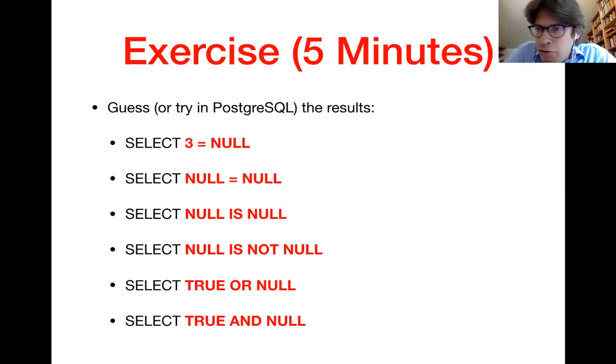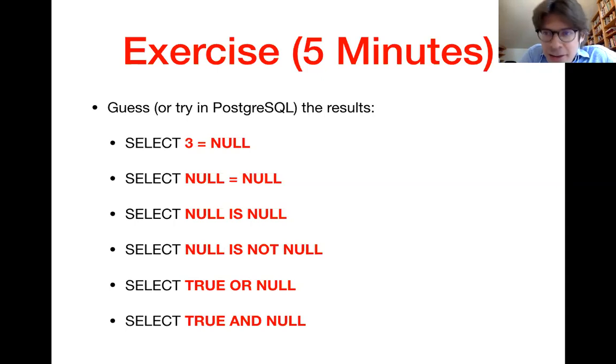Now, perhaps the last two queries are still interesting. We have true or null. And in this expression, we do have a null value appearing. However, an or expression is true as soon as at least one of the components is true. And in this case, one of the components definitely is true. Therefore, the end result does not really depend on the unknown value, and therefore the end result of this should also be true.